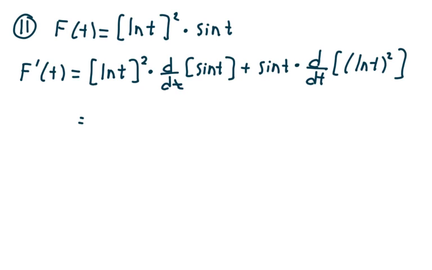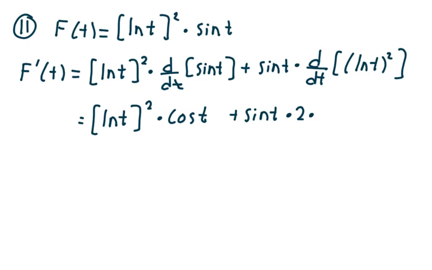Now, this is natural log of t to the second times, the derivative of sine t with respect to t is cosine of t. And then I'm going to write sine of t times. Now, to differentiate natural log of t squared, we have to apply the chain rule. So this is 2 times natural log of t times the derivative of natural log of t, which is 1 over t.